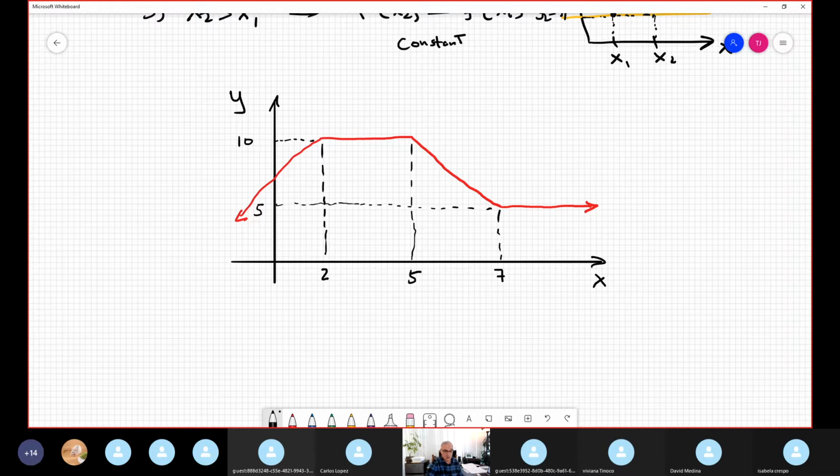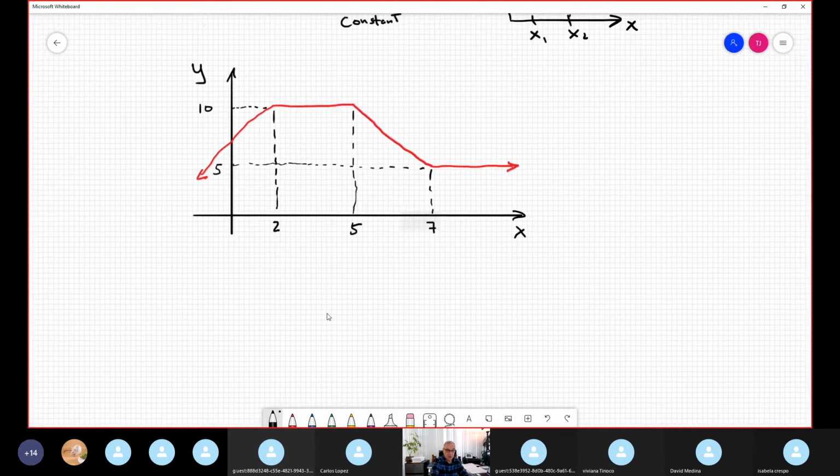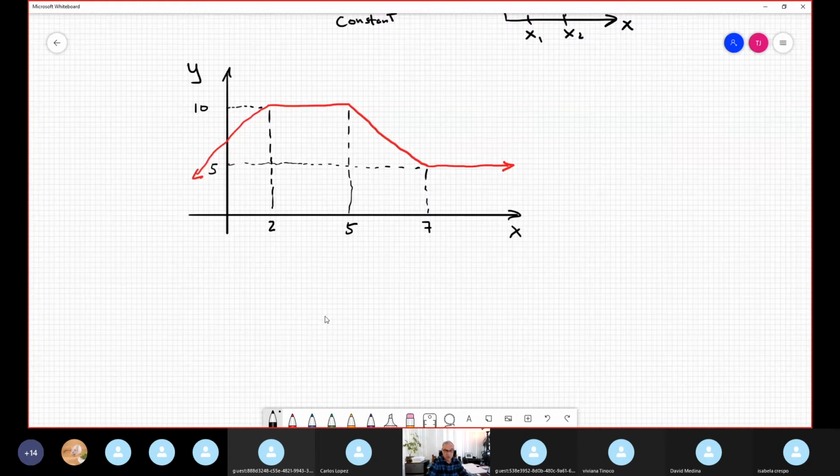So the question says, write the interval in which the function is increasing, decreasing, or constant, and express the answer in interval notation. The default is clear: the value that we use in the interval is always the x value, please.